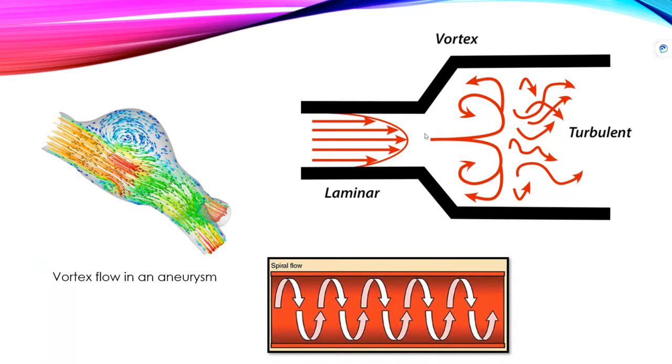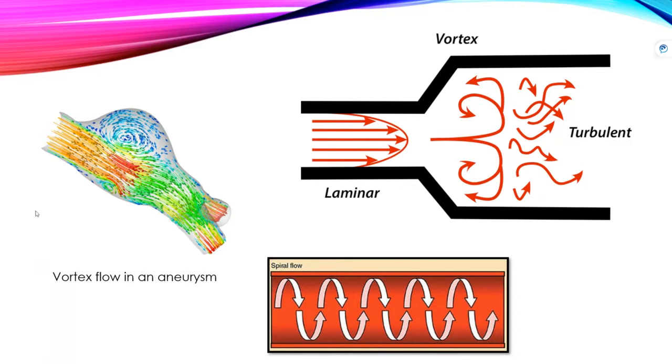Vortex: here's a stenosed area of the vessel, and now the vessel has opened back up, and as you can see, it goes from laminar, and after the stenosis it gets whirlpooly, or vortex. And then right outside of that vortex, you'll see that turbulent. First, the flow is going to come out of the stenosed area into a whirlpool, and then as they're spinning in the whirlpool, they'll eventually start becoming turbulent.